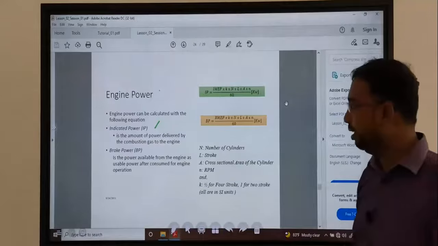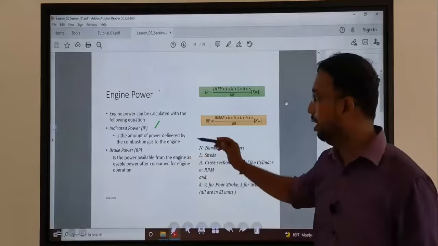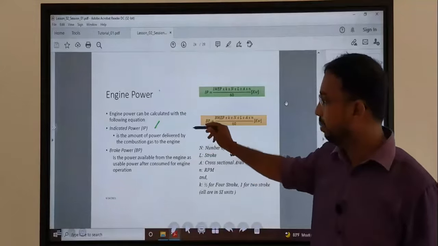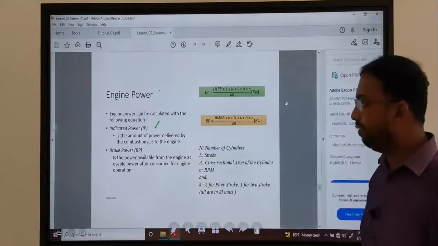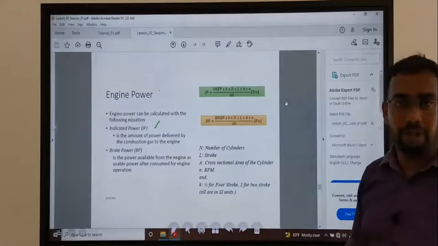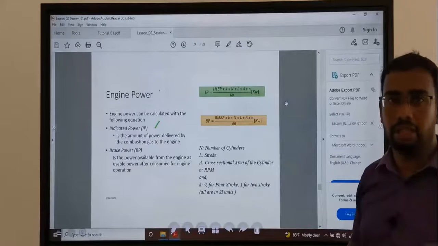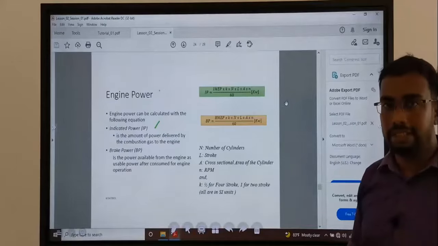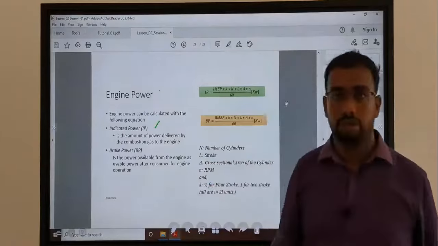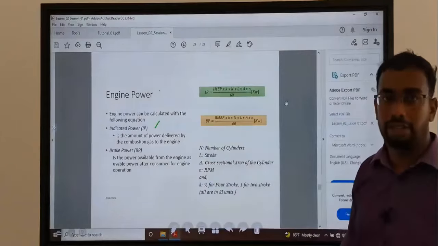Please understand carefully, what is brake power. The power is created by the combustion gas, then what will happen? Some amount of power is needed to work the engine continuously, so some amount of indicated power is used for the function of the engine.